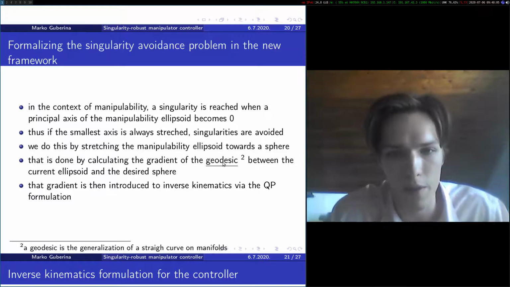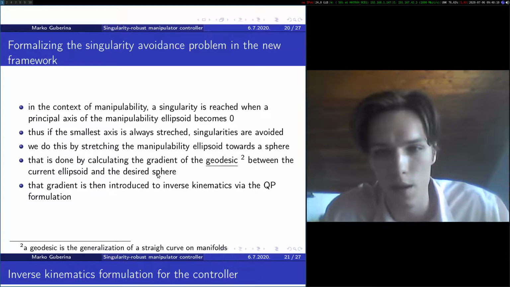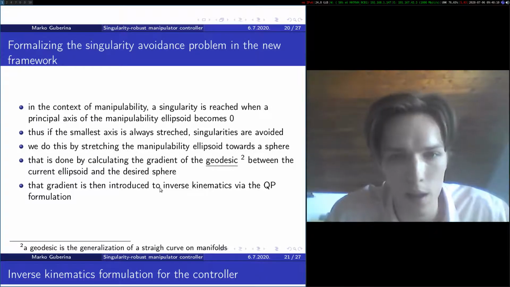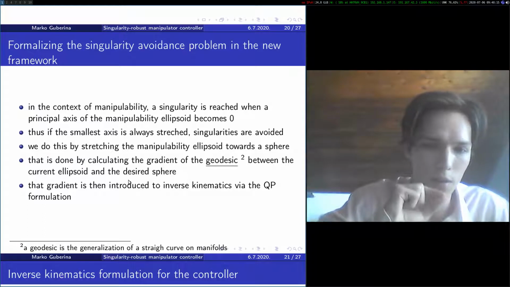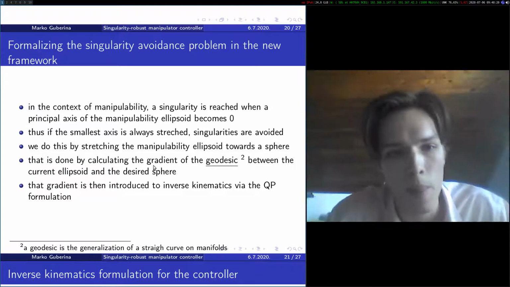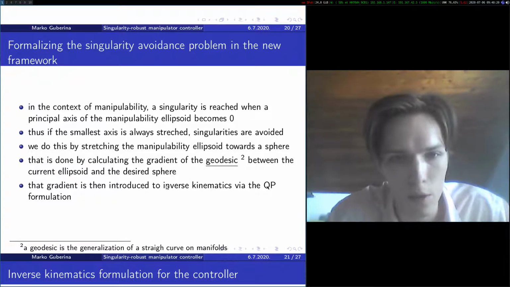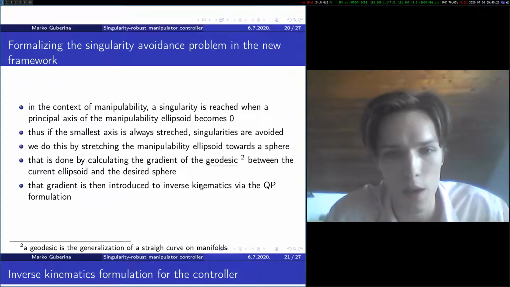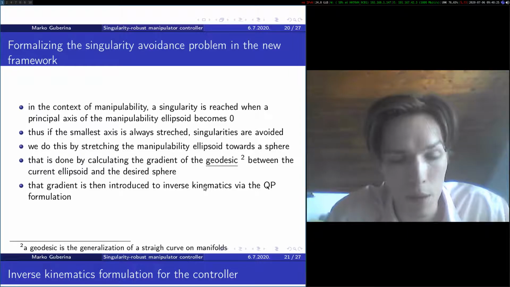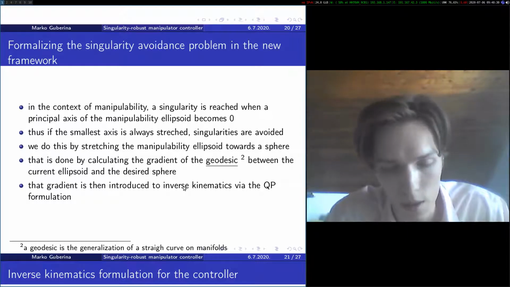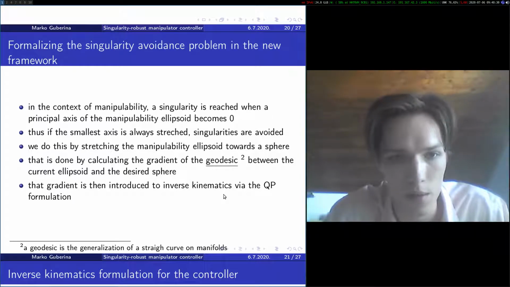What we do is we find a geodesic between the current ellipsoid and the desired sphere, and then calculate the gradient on the motion from the current ellipsoid to the sphere, and we use that vector, we basically shove that vector into the QP formulation, and we get manipulability maximization, or singularity avoidance in the inverse kinematics algorithm.